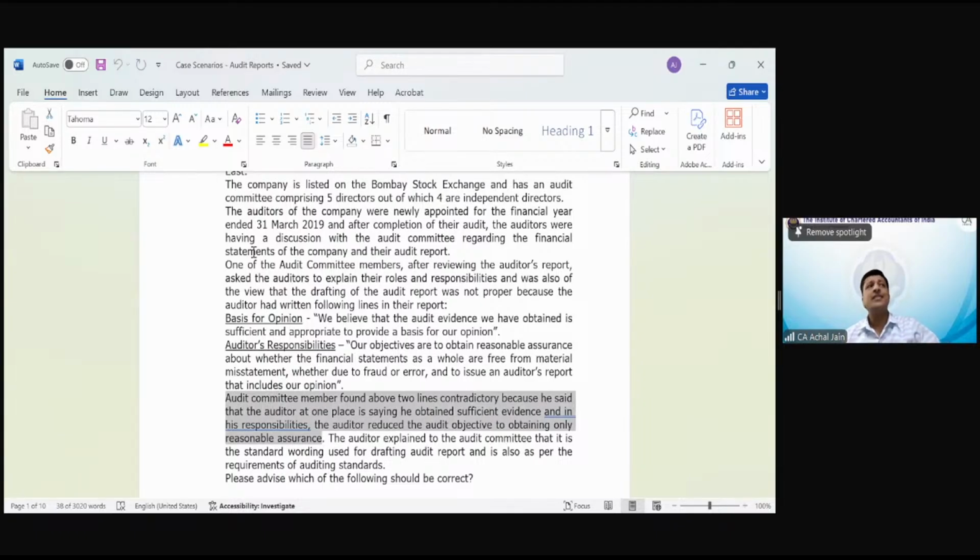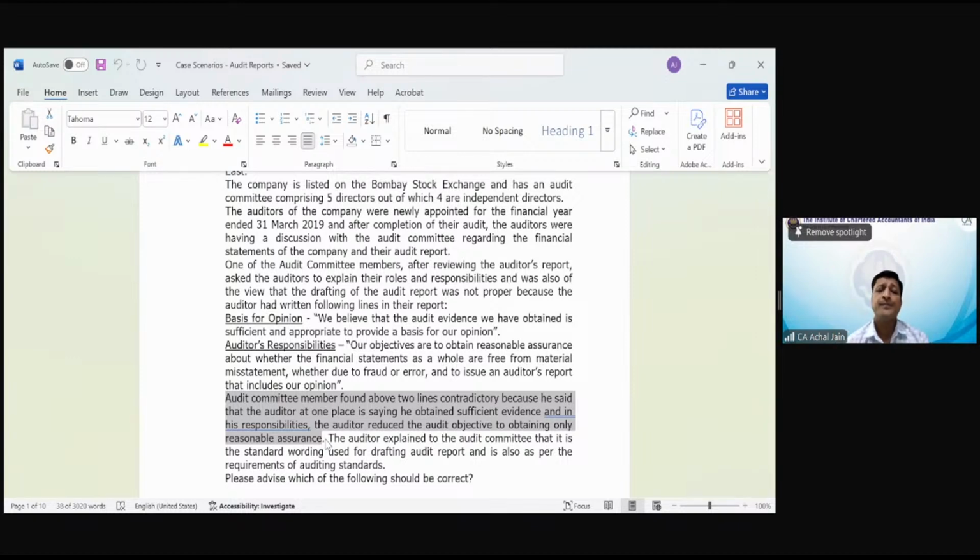The audit committee is saying that when you have obtained everything which you require, every document you ask for, every information you ask for, you have been provided with. You are saying you have also received. So it's not that management has not provided, you have received that. Then why are you writing that you have obtained reasonable assurance?